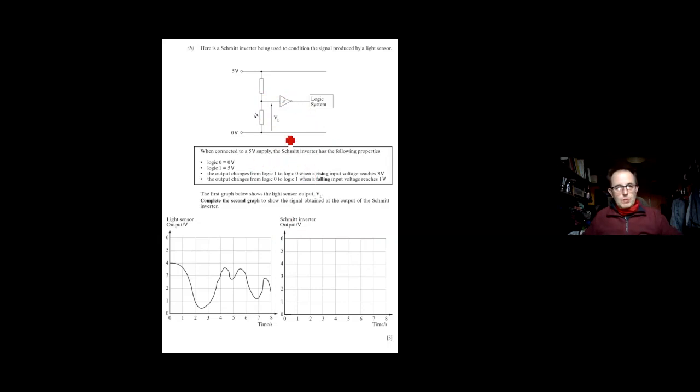Now, with a Schmitt, they will give you a rising input and a falling input threshold value. In this case, we've got 3 volts and 1 volt. If you've got a signal coming in, what I'd be tempted to do is put in a little line showing the 3 volt threshold, and then the 1 volt threshold.